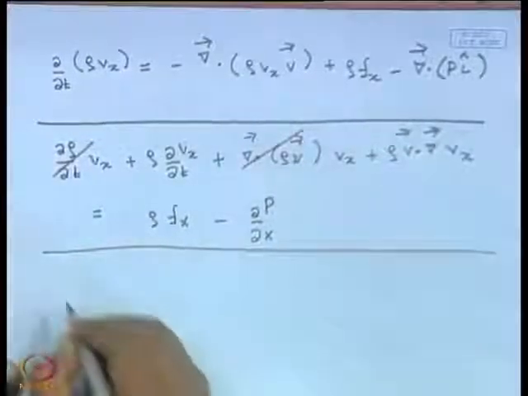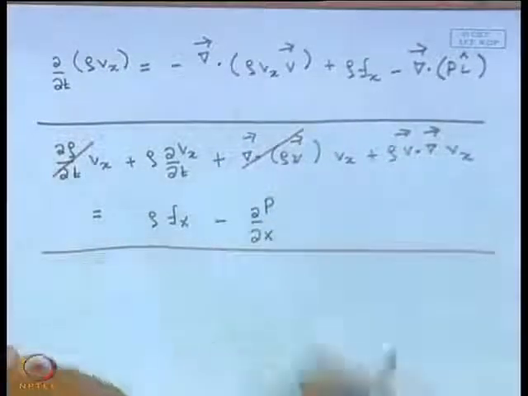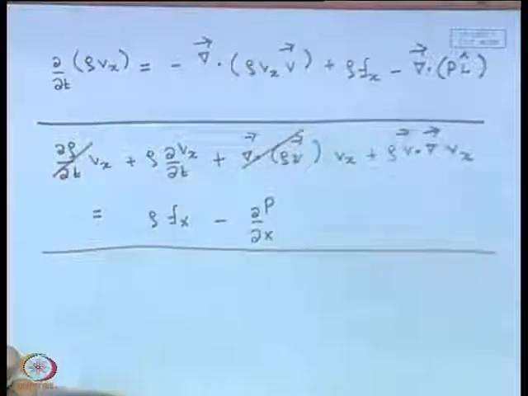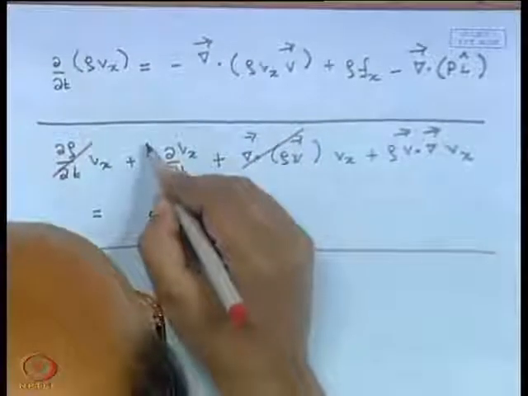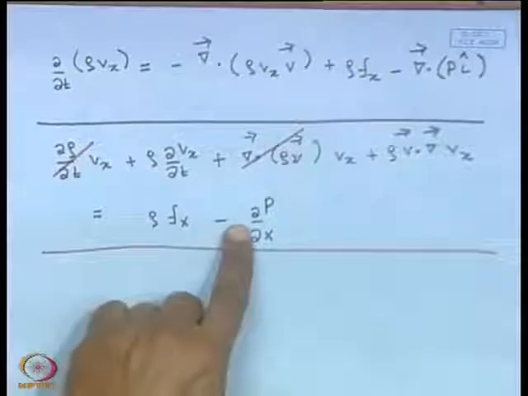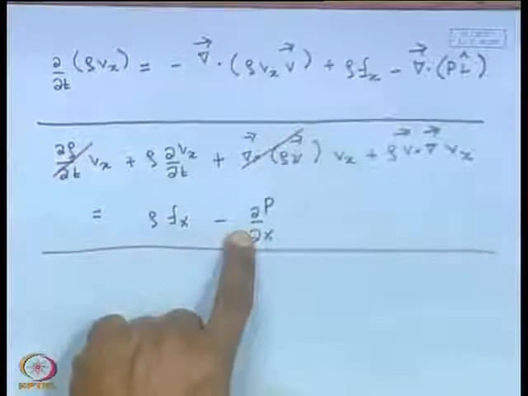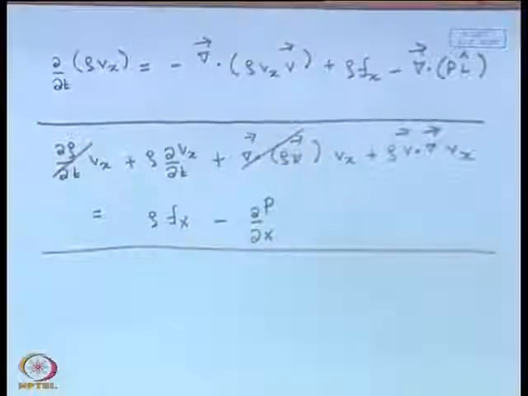Okay. And we are left with, let me write down the remaining terms. We can cancel out rho throughout, rho occurs everywhere, except for this term where there will be a 1 by rho now. Okay. So, let me write down this equation.